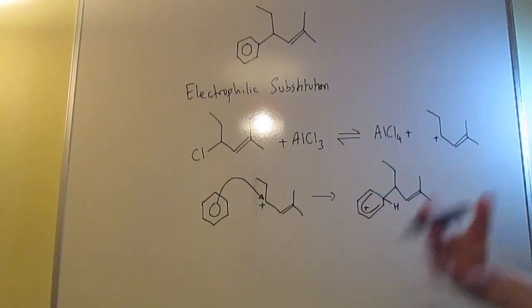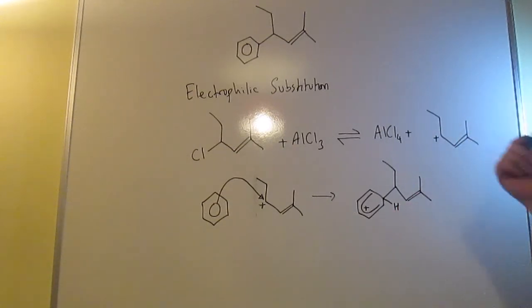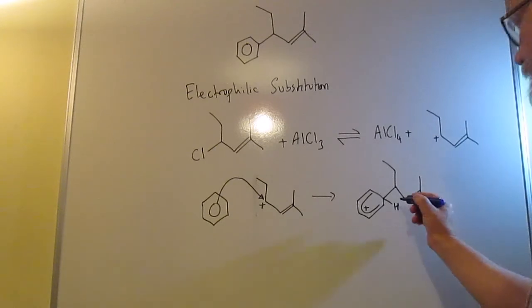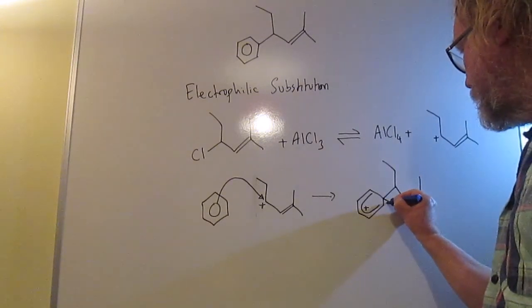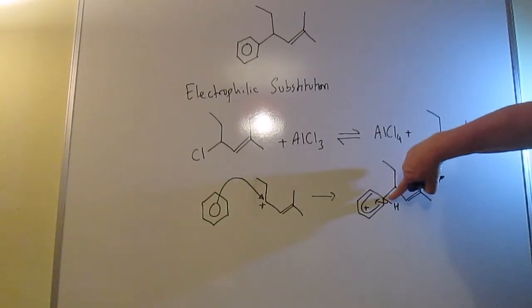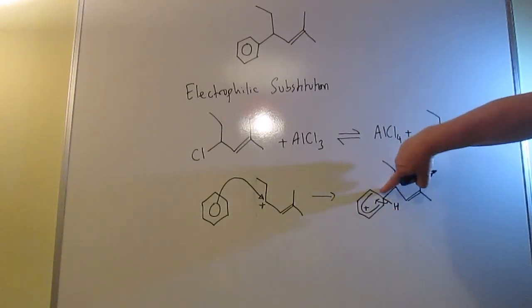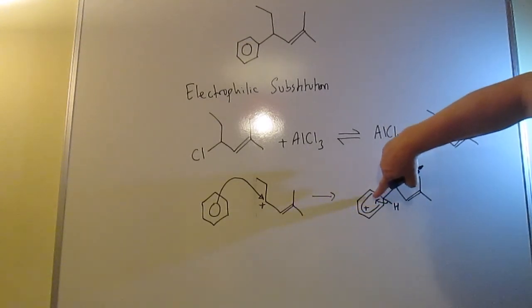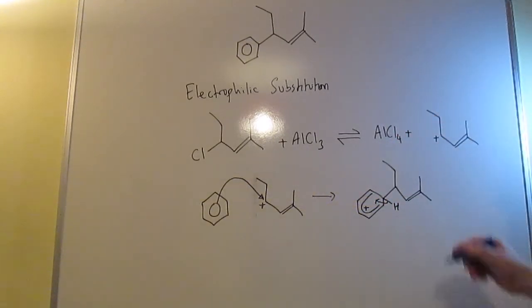It's screaming to get its intact delocalized system back again, so it wants to pull a pair of electrons back in, and it pulls them in from here. So from the bond, again, not from the hydrogen atom, not from that atom, but from the bond in between, because that's the shared pair, and it goes back into the ring to complete it.